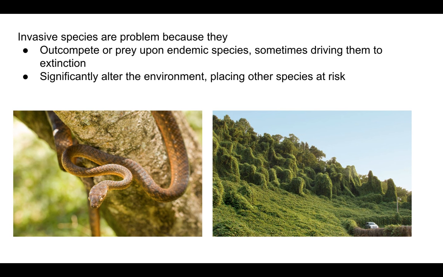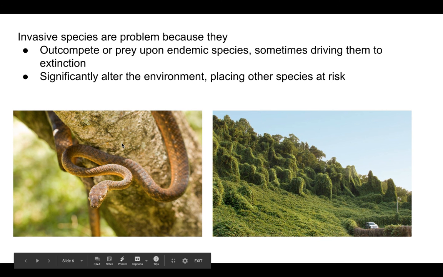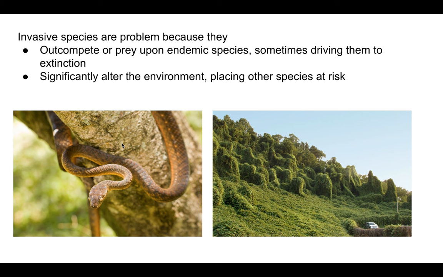If it's able to eat a species in its new environment, that species is not adapted to avoiding that particular predator. Well, they sometimes go extinct. In the case here, the brown tree snake in Asian islands has gotten loose and just driven many endemic species to extinction, because islands often have their own small populations of endemic species.